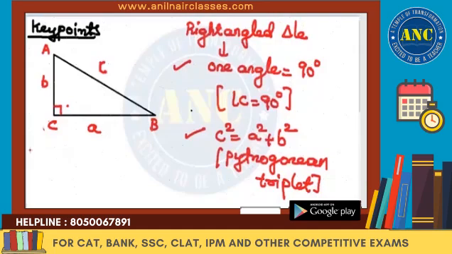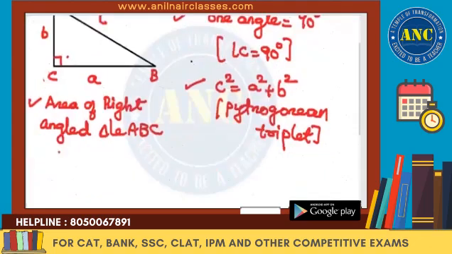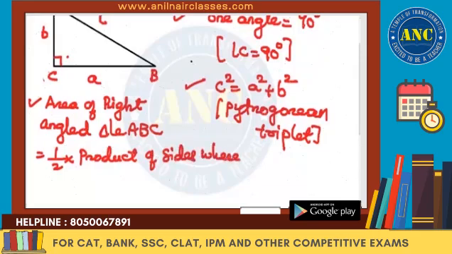Next, third key point. Area of right angled triangle ABC. Area of right angled triangle ABC is nothing but half into the product of the sides where that 90 degrees is formed, the sides where the right angle exists.